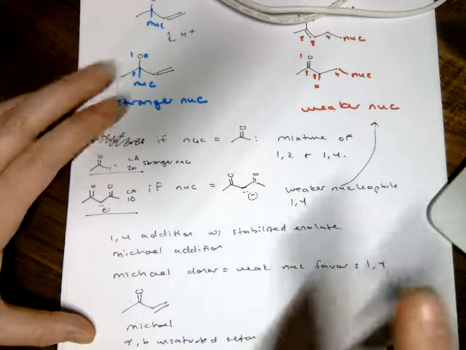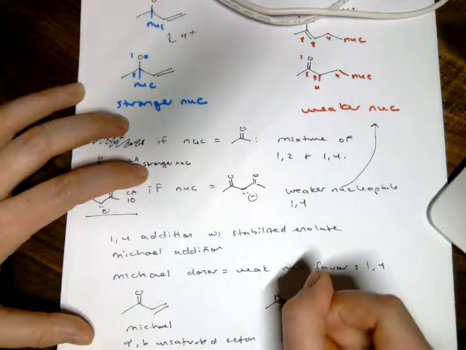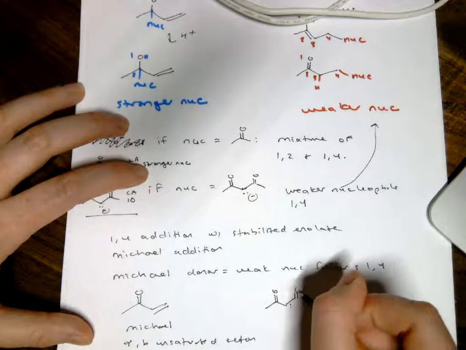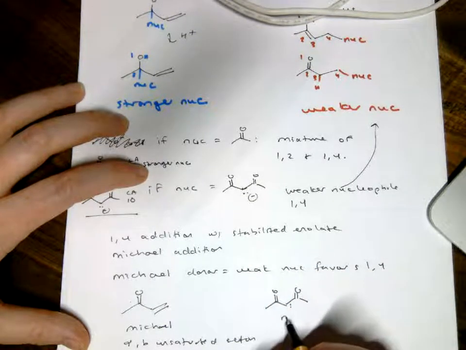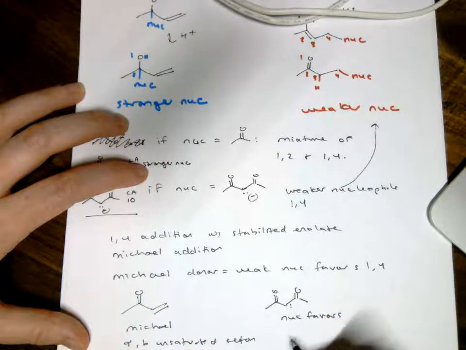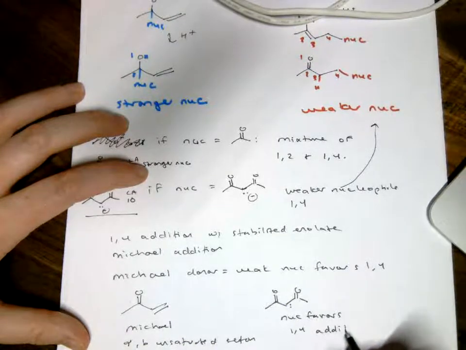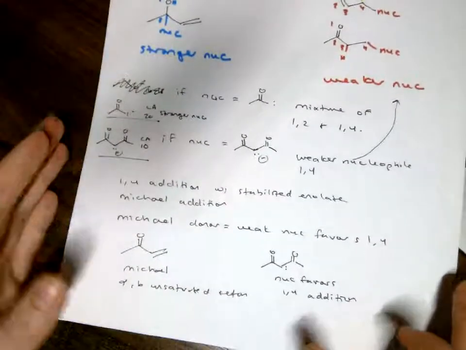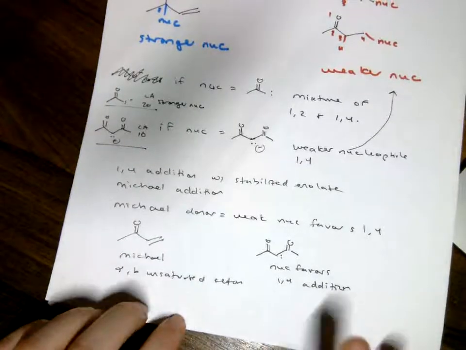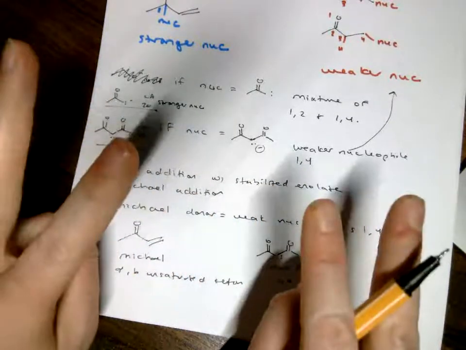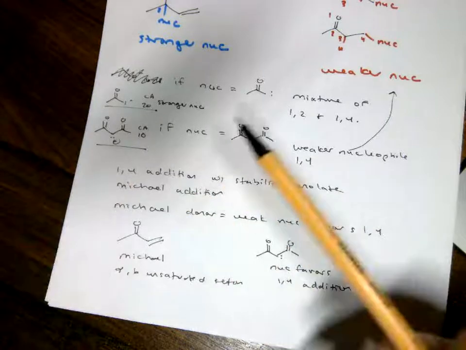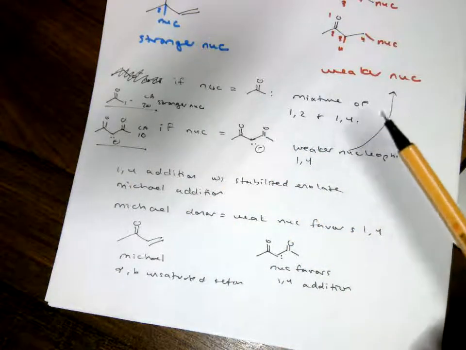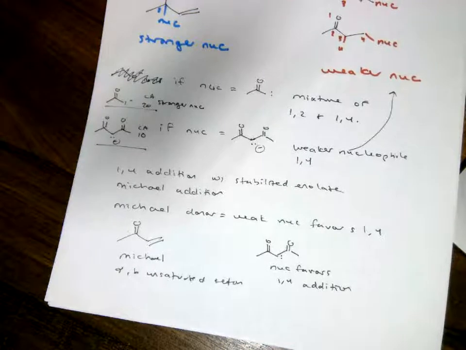And a Michael donor is just a nucleophile that's going to favor 1,4 addition. Dr. Corrales did not emphasize knowing these names. You might need to know them for ACS, but essentially all that a Michael addition is, is a 1,4 addition using a stabilized enolate, or a stabilized ketone that emphasizes the 1,4.